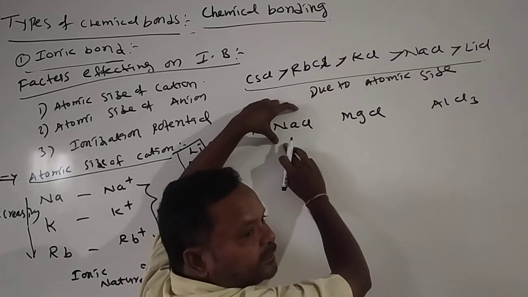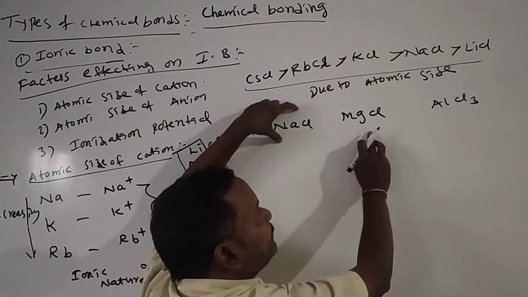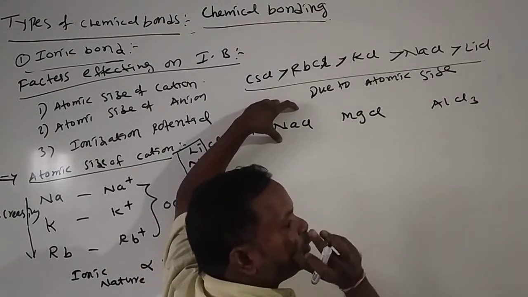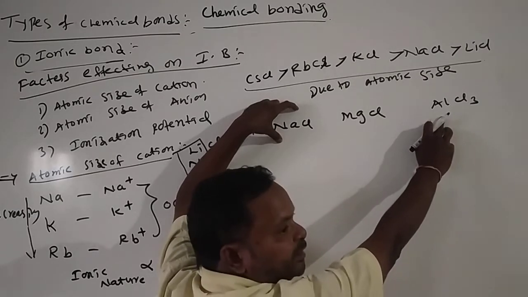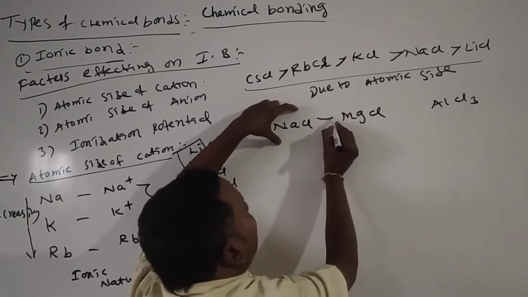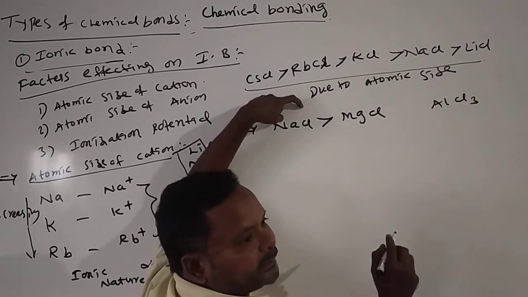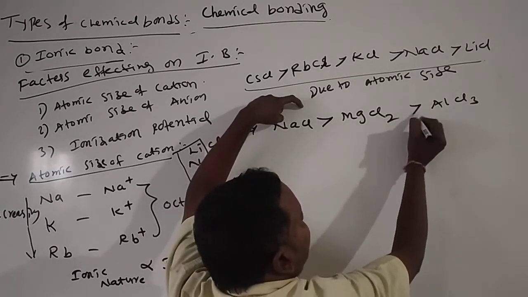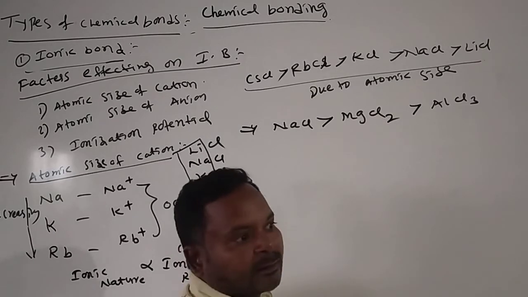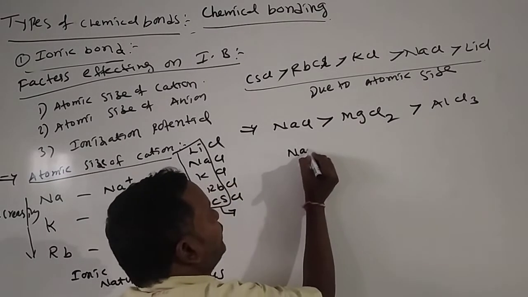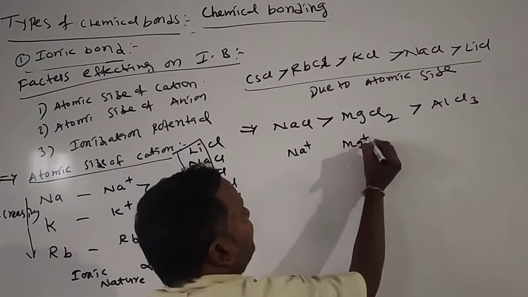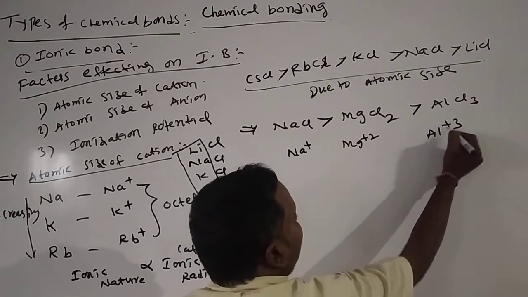Sodium atomic size is more than magnesium, more than aluminum. So sodium chloride is more ionic than magnesium chloride, than aluminum chloride. Here, Na+, Mg2+, Al3+.